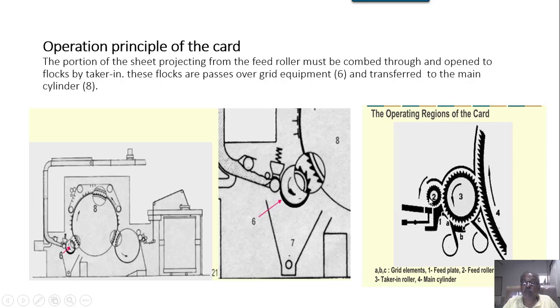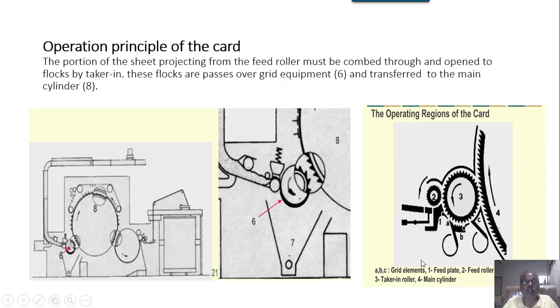But this feed roller rotates like this, and that is going against this one. So this will slightly enhance the action of this Licker-in. So 3 is the Licker-in or Taker-in, and then 4 is the main cylinder. This is the operating principle change in the case of the Trützschler system.